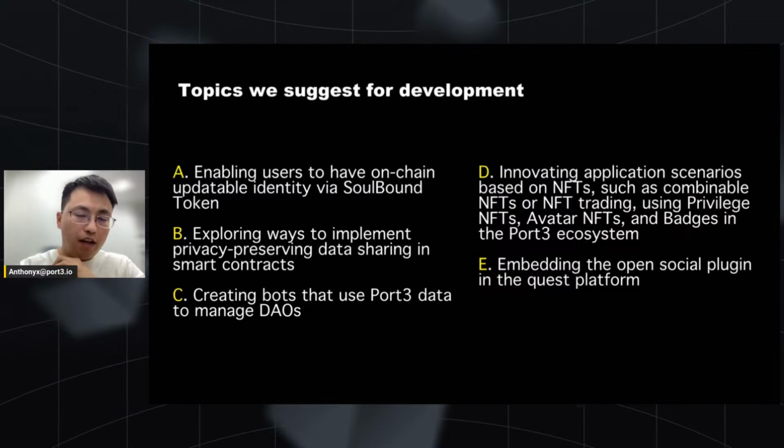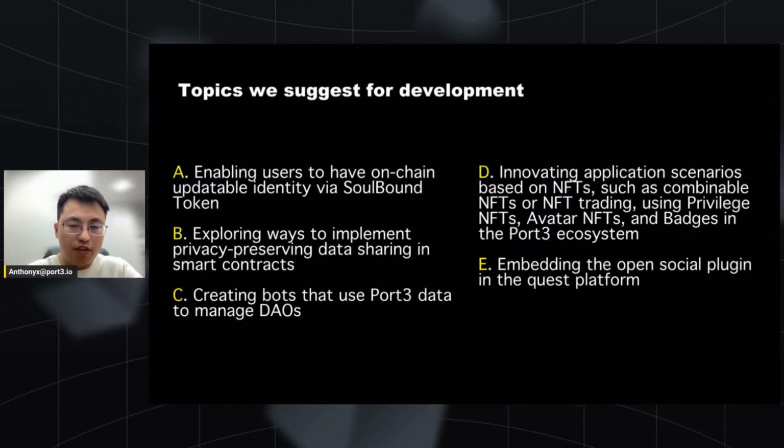And finally, I think we have some topics that we can build in this hackathon. For example, enable users to have an on-chain updatable identity via Soulbound token. This is interesting because you can't remove a Soulbound token, but you can update its state.